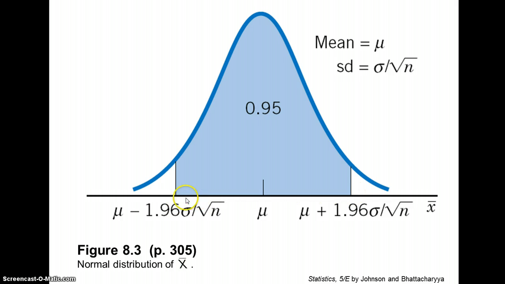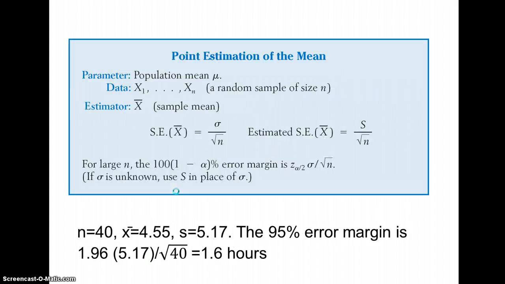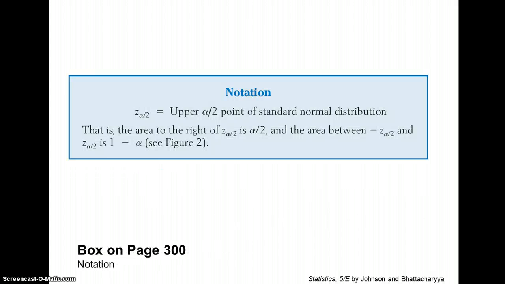So x bar is between them, and we can prove that x bar is between mu minus 1.96 standard deviation and mu plus 1.96 standard deviation. We know it's about 2 standard deviation from the examples before, because the probability is 95% confident. Whatever the error margin is, we can look at the previous example picture here.